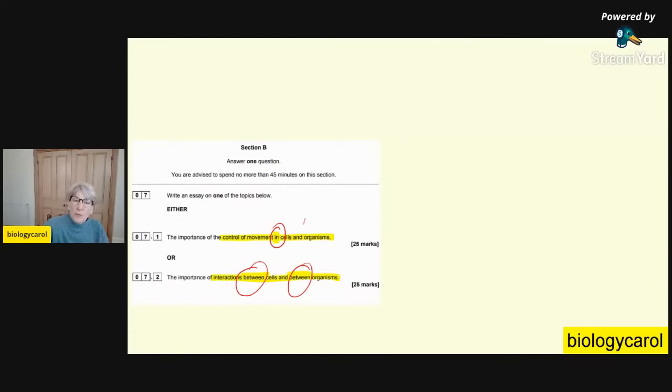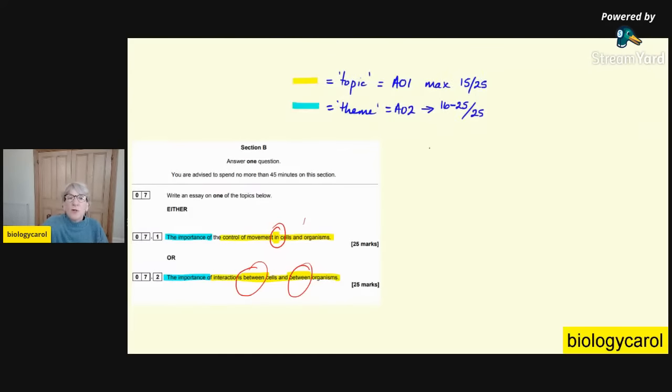So just notice those words, read the essay title carefully so that you've visualized it properly in your mind. That's the subject or the topic of the essay. The importance of, and it's clearly the same in both of these, is the theme of the essay.